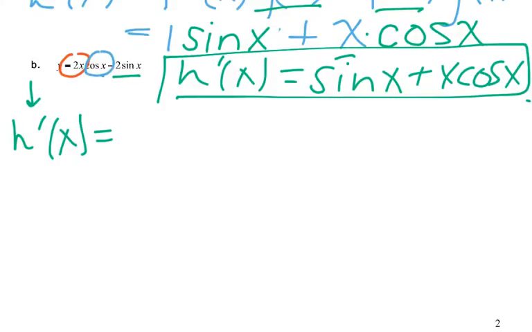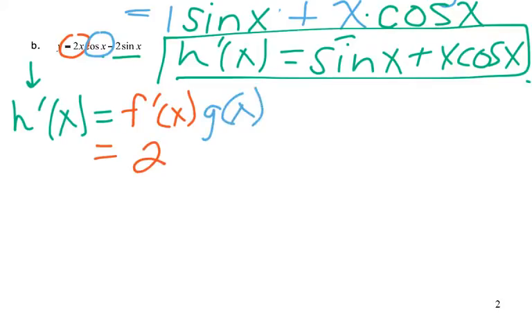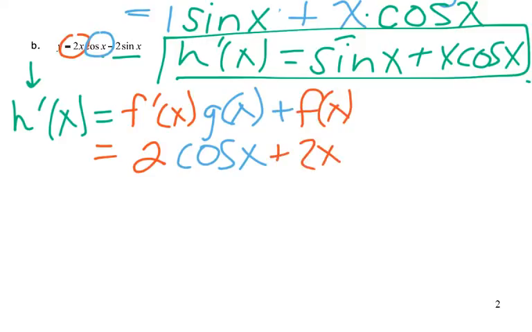So, looking back at our notation, we did f prime of x first. So I'm going to do the derivative of 2x, which is just 2. Then I'm putting in g of x. In this case, that's just cosine of x. Plus f of x, which was 2x, times the derivative of g of x, in this case the derivative of cosine.